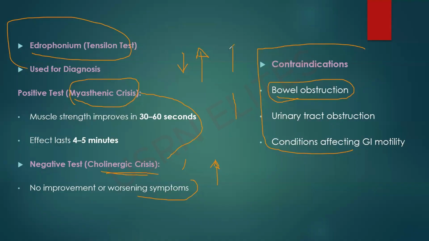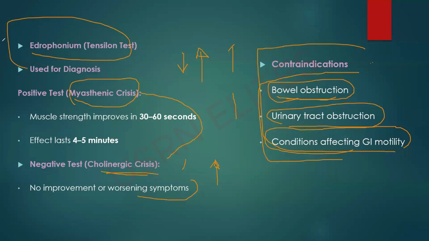It causes constipation and all of those things. So it's going to make bowel obstruction worse. It's going to make urinary tract obstruction worse too, and it's going to affect GI motility. It stiffens everything and doesn't permit the smooth flow of it. So it's contraindicated especially in these three areas that we've mentioned here.